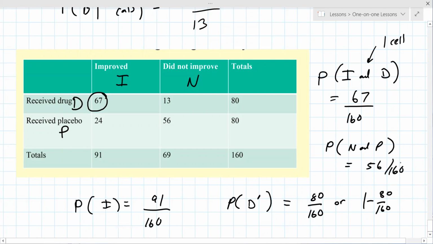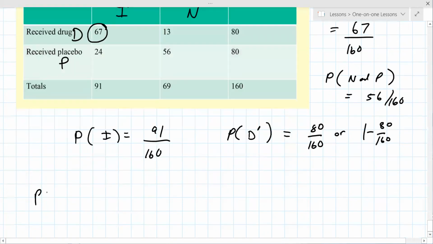Is there an or? There is. So ors refer to three cells, and there's some overlap. Let's talk about that real quick. Let's say it's the probability of I or D. So I or D, the I's are here.